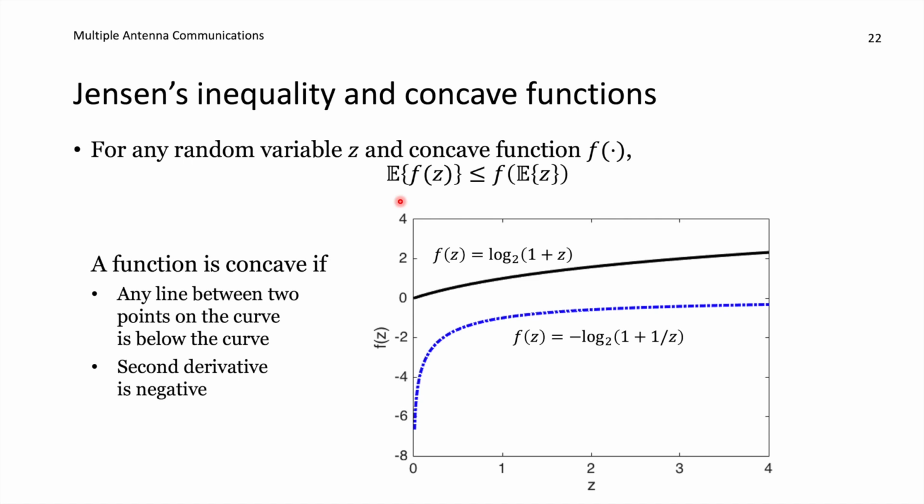So what is a concave function? Well, if you take a function, you draw a line between any two points on the curve here, and that line is always below the curve, then we have a concave function. So here are two examples. F of z equals log 2 of 1 plus z. So it's essentially what we get in our rate expressions. It behaves like this. It's a concave function.